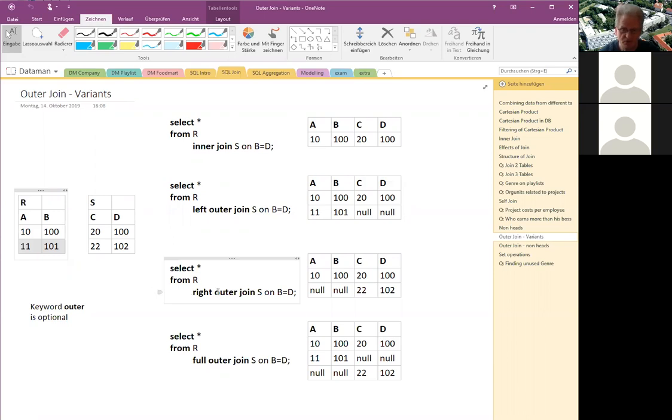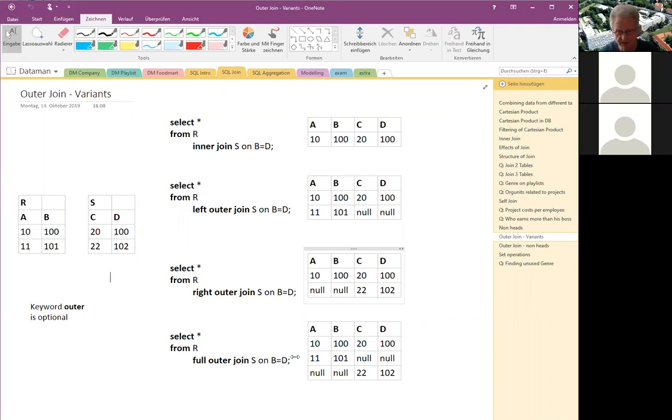If we take the right outer join, it works the other way around. So the inner join rows again, and then we take all records of the right-hand side that are not connected. That's 22, 102. Therefore, we see 22, 102, and we have nulls here for A and B because there is no connection for that record.